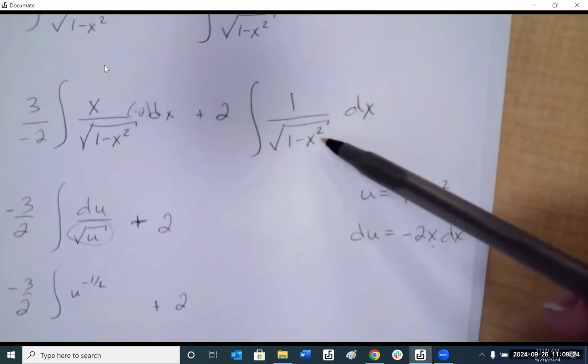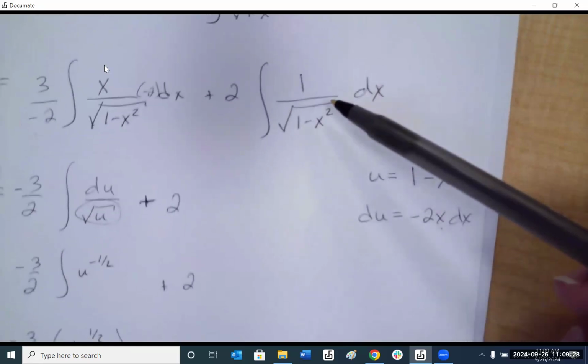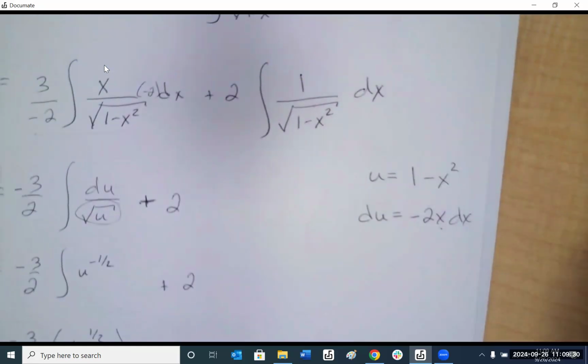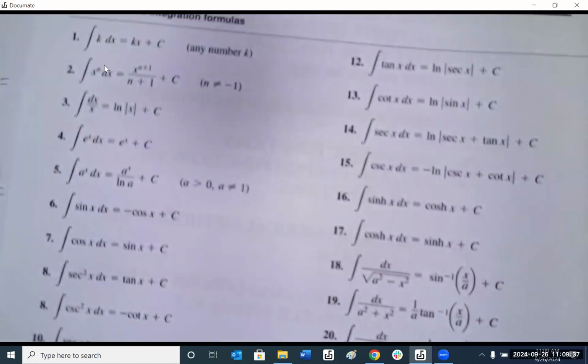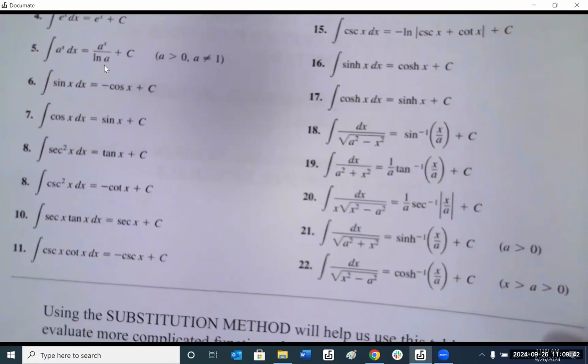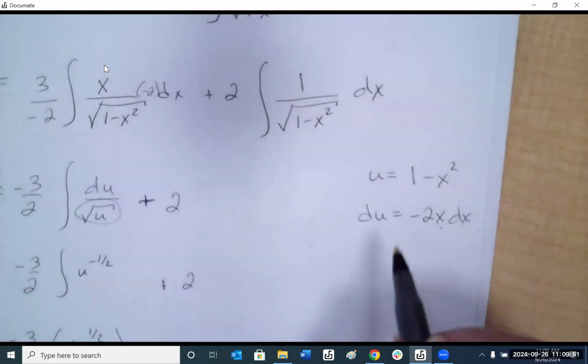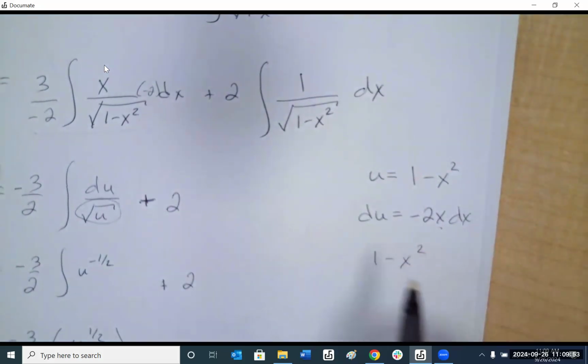What about this other side? What's the integral of 1 over the radical of 1 minus x squared? Does it match any of our formulas here? So we have 1 inside here, and we have 1 minus x squared. This is our a.